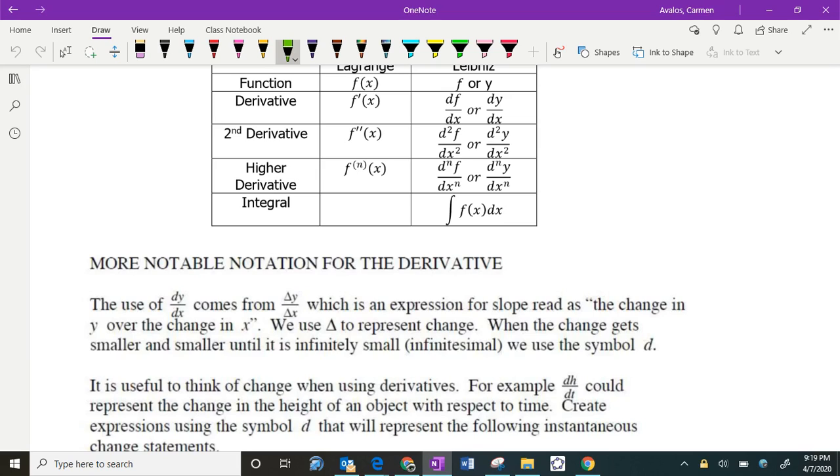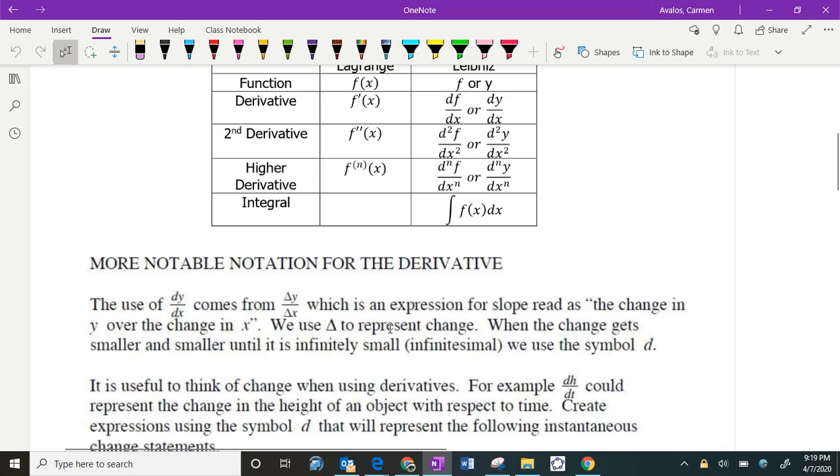This means that when we're talking about the change in y over the change in x, we could say that it's going to be the change in the circumference as the radius is changing. So I know the radius, that's in the denominator, and I need to know how the circumference is changing.